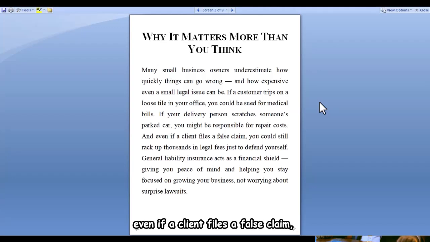And even if a client files a false claim, you could still rack up thousands in legal fees just to defend yourself. General liability insurance acts as a financial shield, giving you peace of mind and helping you stay focused on growing your business, not worrying about surprise lawsuits.